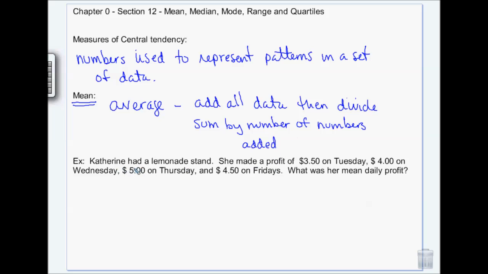So for this example, Catherine had a lemonade stand. She made $3.50 on Tuesday, $4 on Wednesday, $5 on Thursday, and $4.50 on Friday. And we want to know what her mean daily profit was.